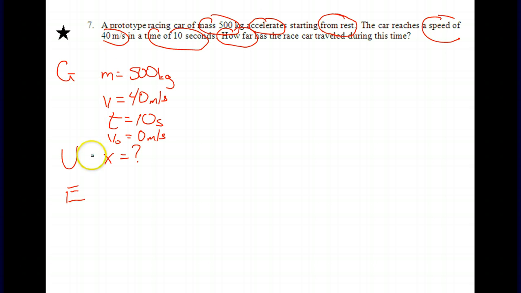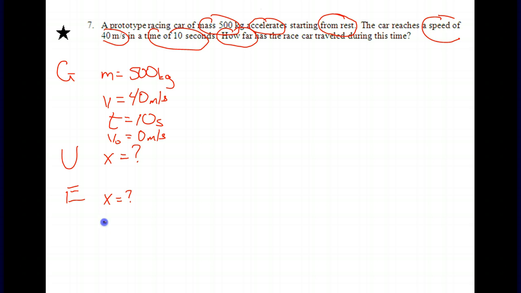Okay, so the equation that we want to use, there's actually going to be two of them, but the first one that we want to use is we need to know the average speed of the car, because we need to know how far it's going, and how far it's going will depend on the velocity and the time.